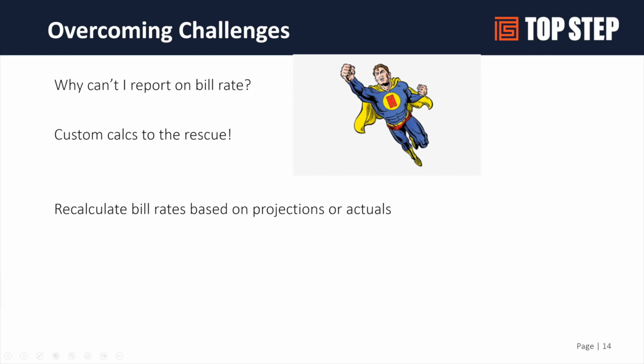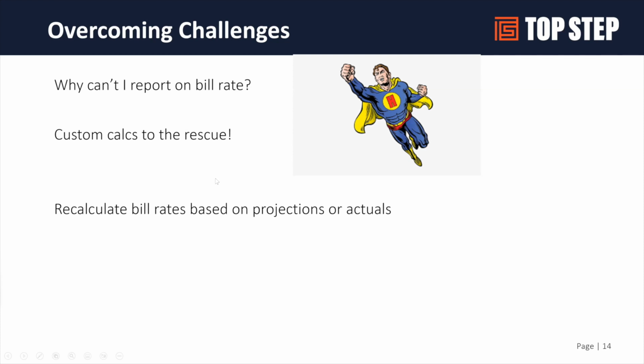So you can do a custom calc where you say, show me my projected data divided by my projected hours, or my actual data divided by my actual hours, and back into a bill rate at a project level or at a user level, or both. So this is one of those odd things. It sounds like it should be available.